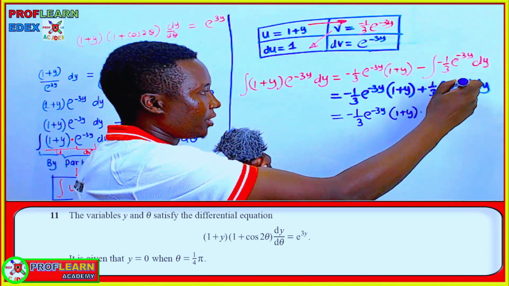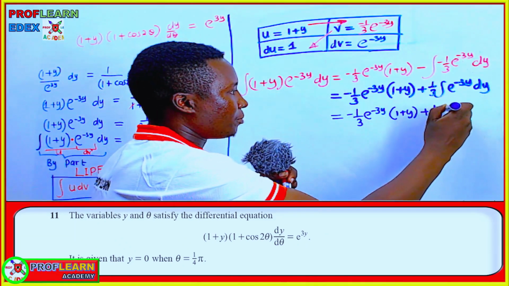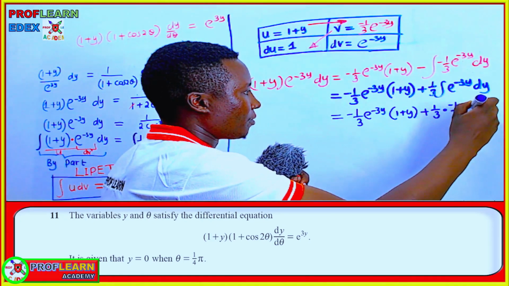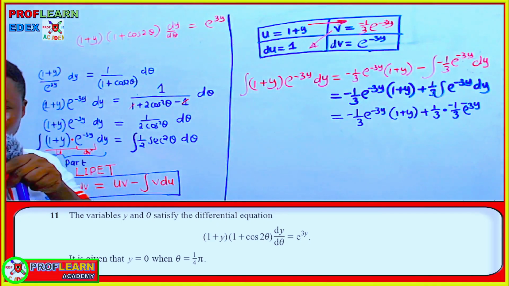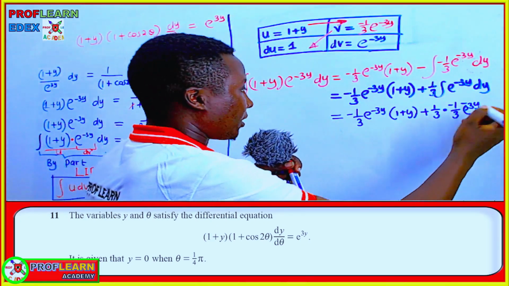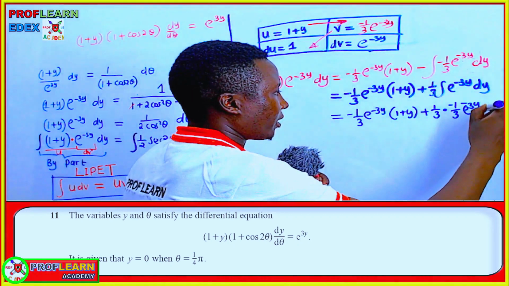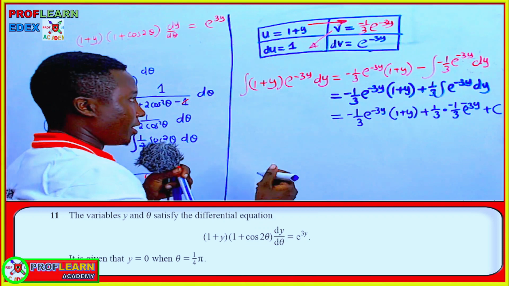Then integrating this, we're going to get plus 1 over 3, again multiplied by negative 1 over 3, e to the negative 3y. Then, of course, we are going to introduce a constant, but we can just introduce that constant there. Then we're going to proceed to the next part.